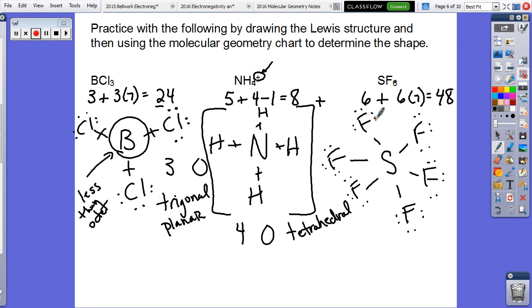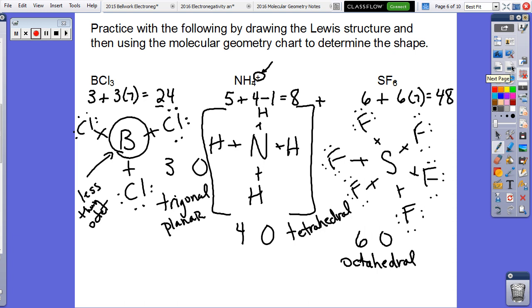So in this particular molecule, I have 6 pairs. The combination of 6 bonds and 0 lone pairs is a shape called octahedral. And it gives you an idea of what that molecular shape would look like by its drawing, the molecular geometry drawing.